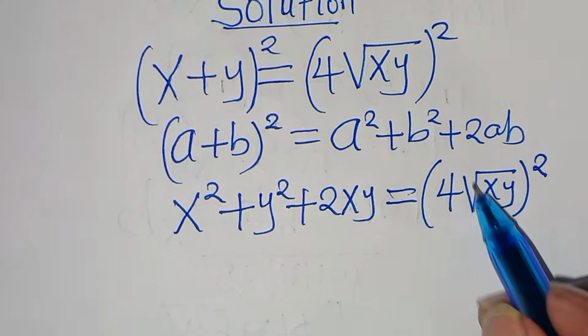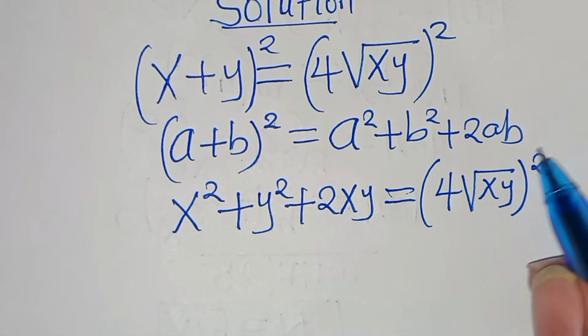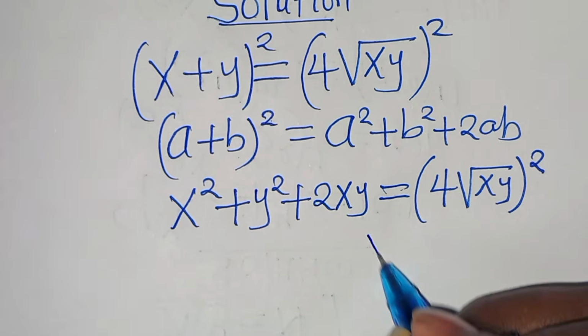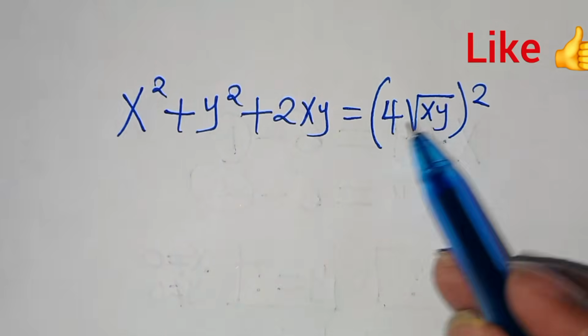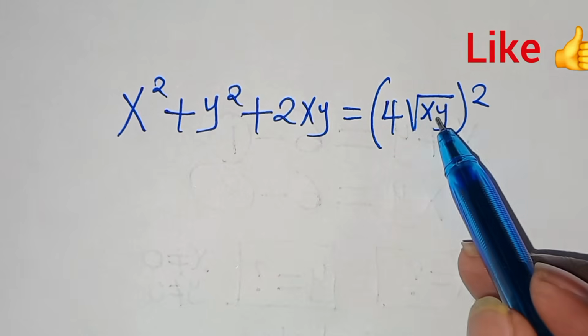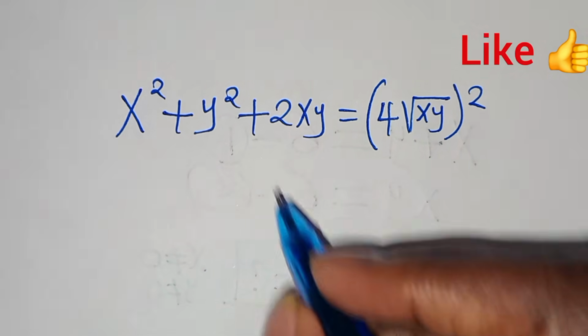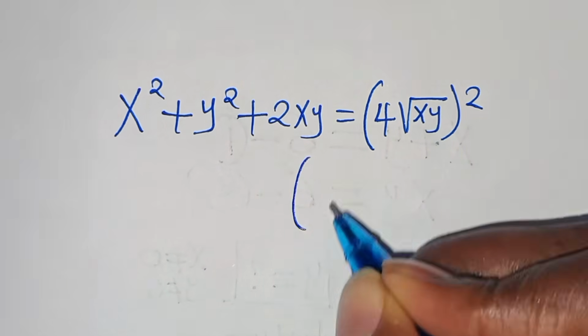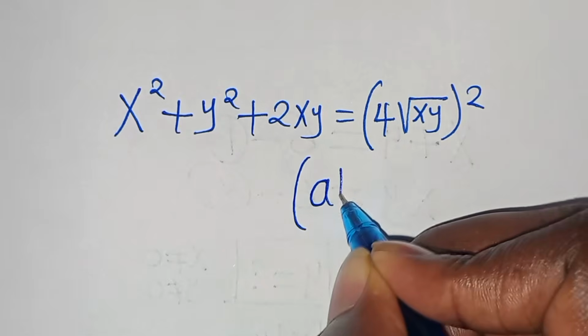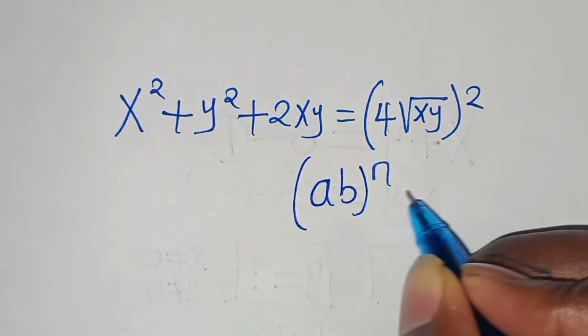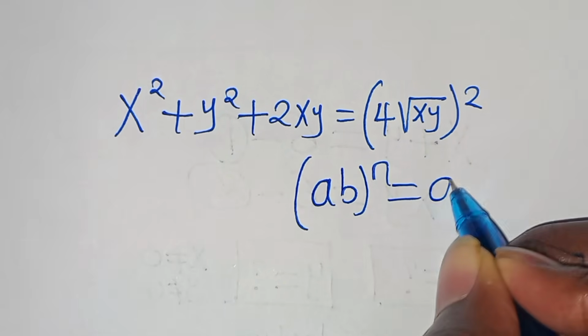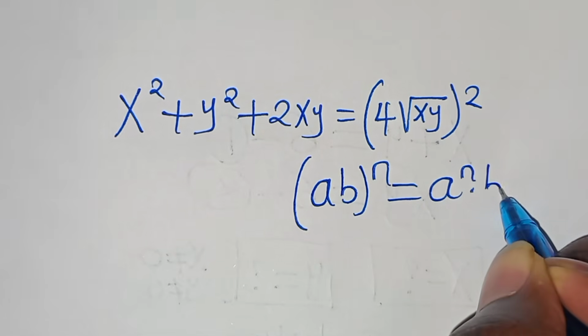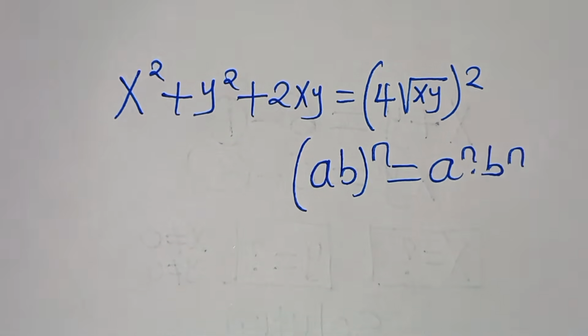Now, this is in the form of the square root of a times b to the power of n, which we can express as a to the power of n times b to the power of n.